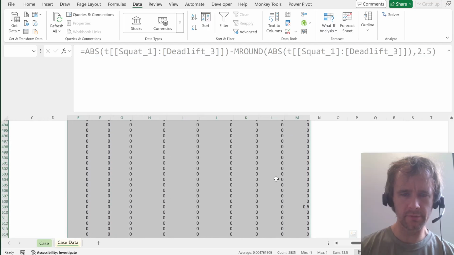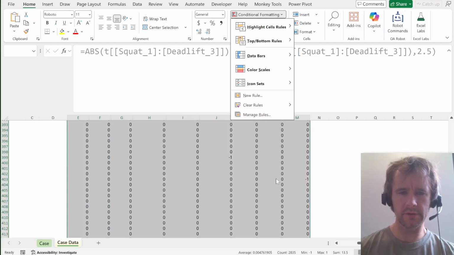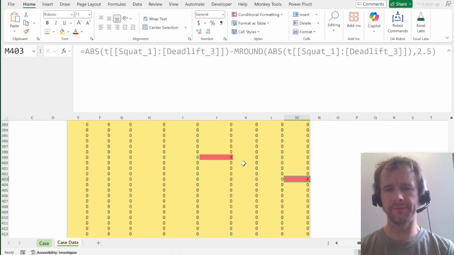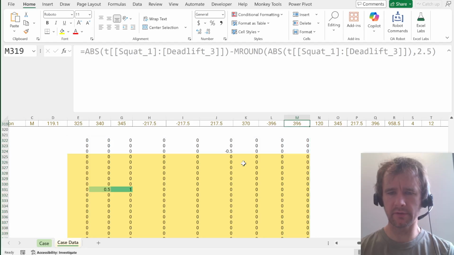Where is it? Honestly, the time I've been scrolling, I could have just applied conditional formatting. This would be much faster, but never mind. Whatever. Let's do it. Alt HLS. There we go. -1. Okay. So that is the 82nd value.